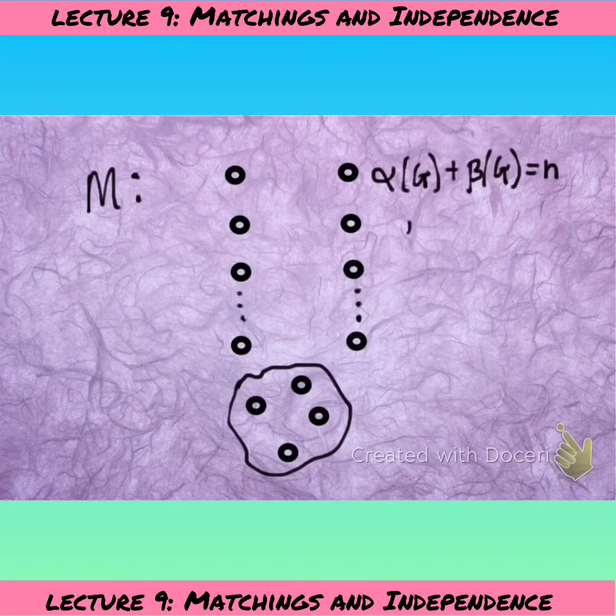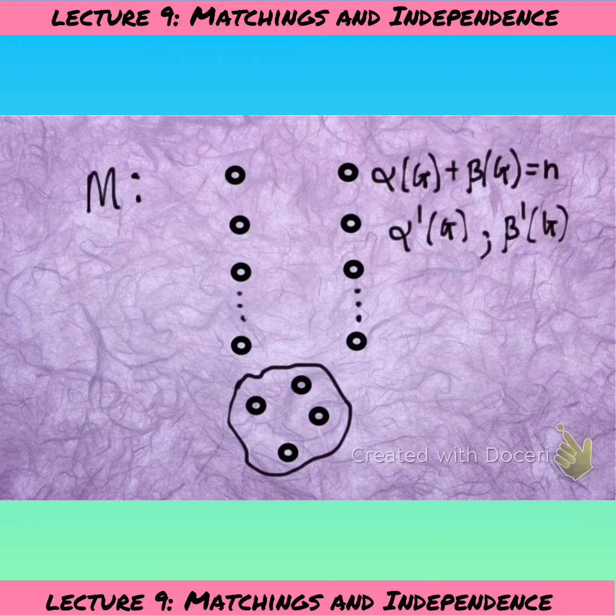Now recall the definitions of alpha prime of G and beta prime of G. Alpha prime of G is the matching number of G, in other words, the cardinality of the largest matching that I can find, and beta prime of G is the edge covering number, right?